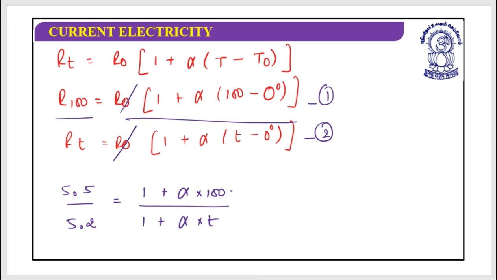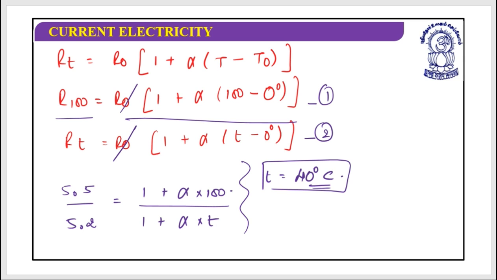So what can I do? If I solve this, I get the value of temperature T, and T could be found at 40 degrees Celsius by solving this. I hope these things are clear.